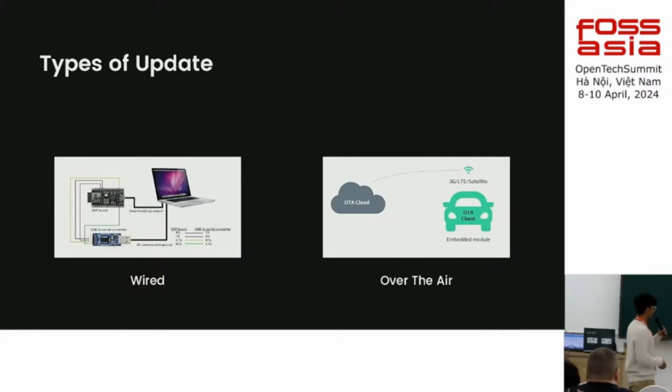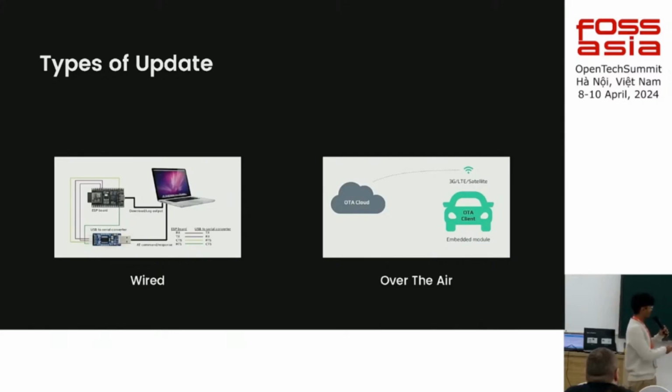This is the safest way because you're directly physically connecting to the IoT device. But this way is not that practical, because obviously in a production environment you won't be connecting to your car and then updating that firmware.